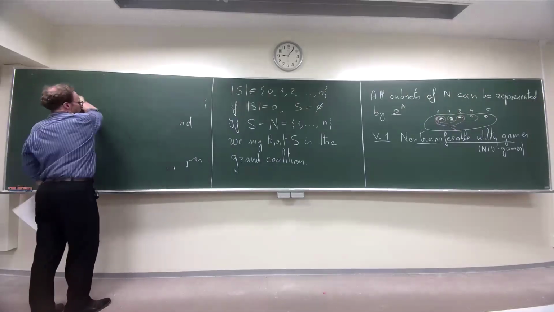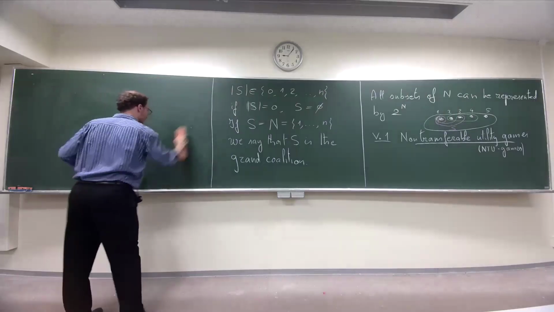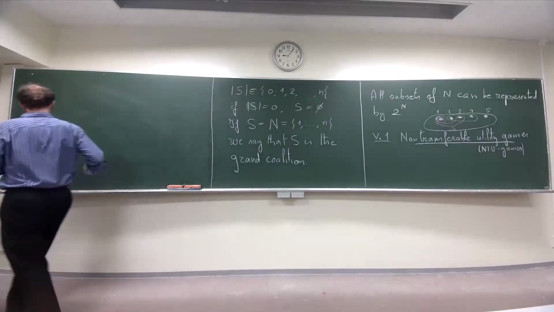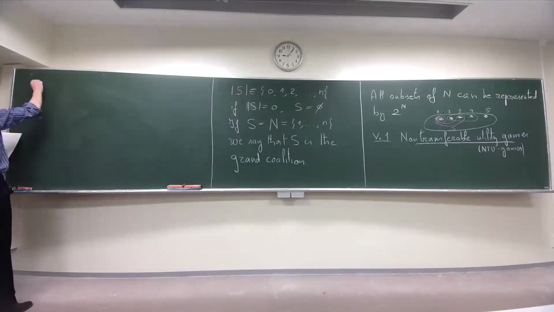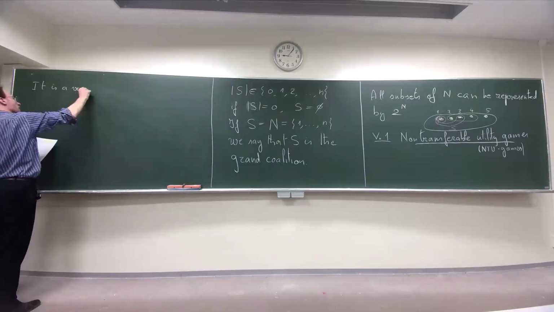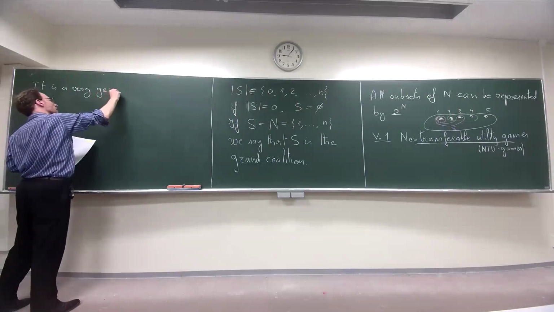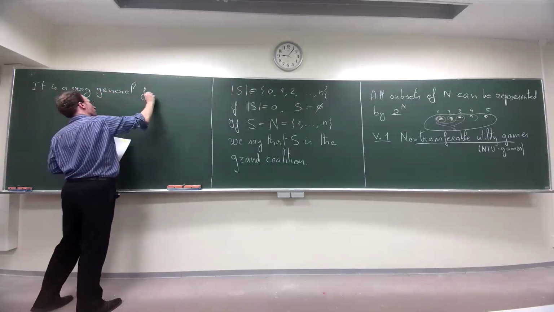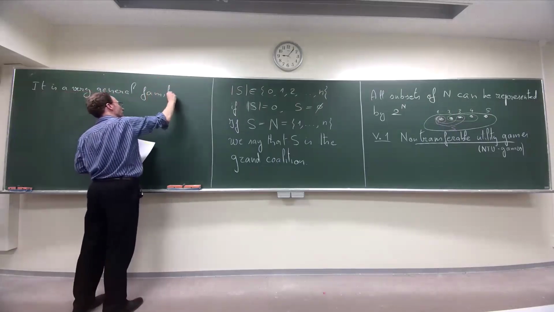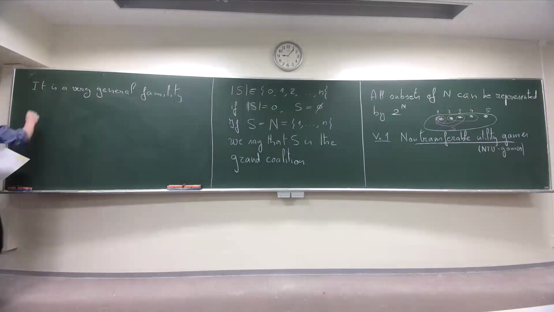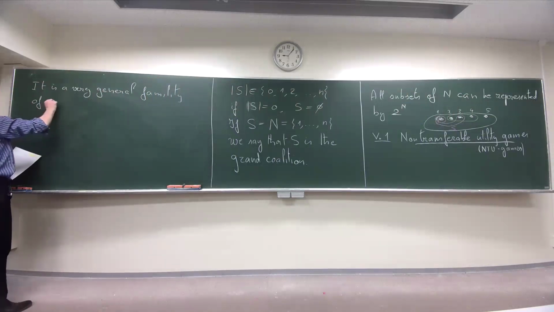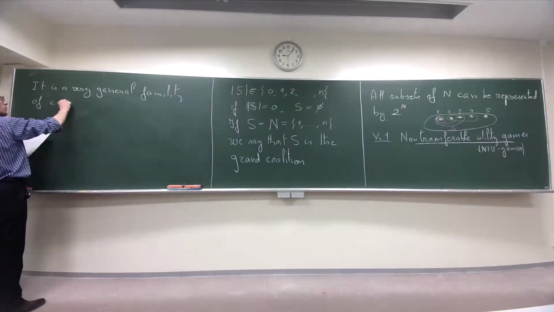Let me write something about this. So these NTU games, it's a very general family. In fact, it's even too general. We will see subsets later. So it's a very general family of games, of cooperative games.